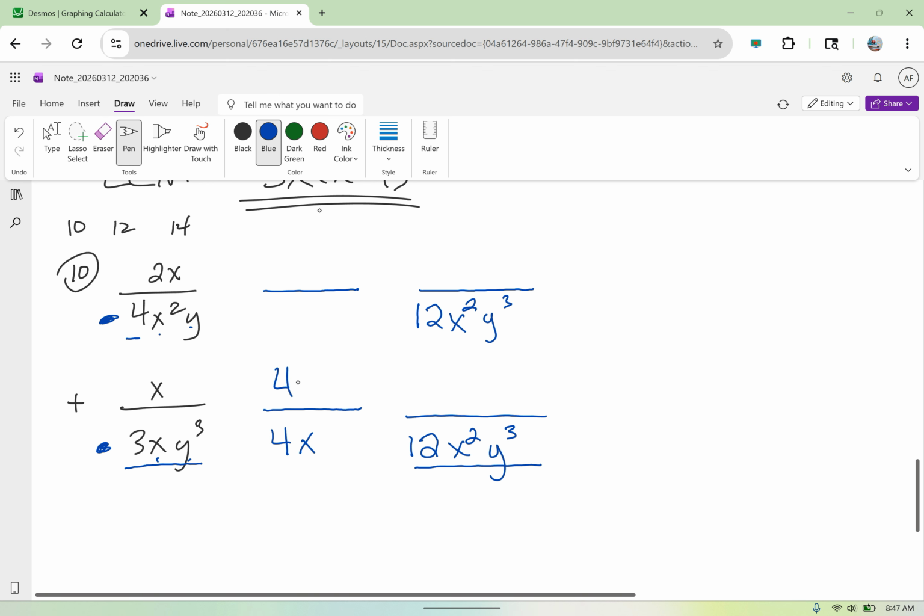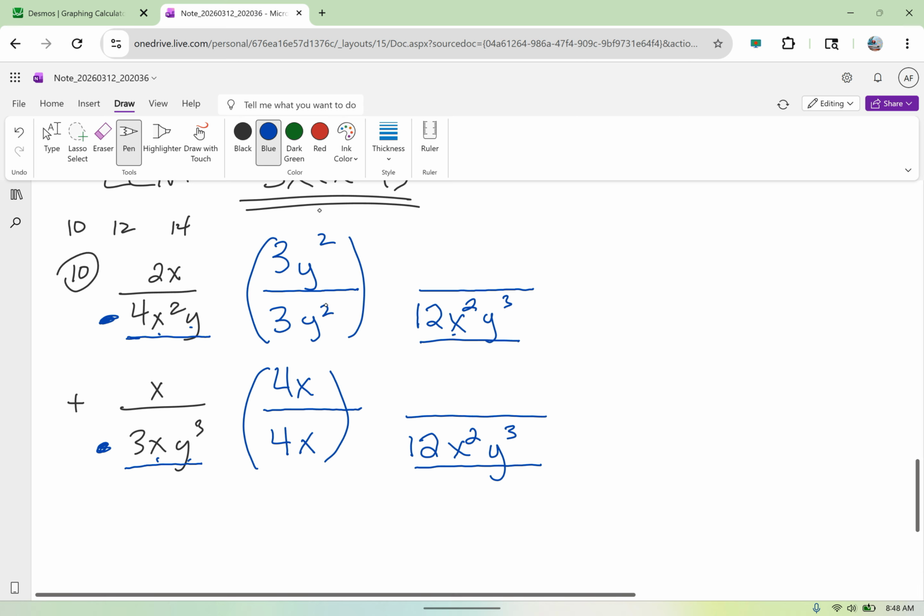So I must multiply the top by the same. Going back to the top, what did I do here to turn this into this? So it's times 3. The x is good, and I need a y². So I need to multiply the top by the same.